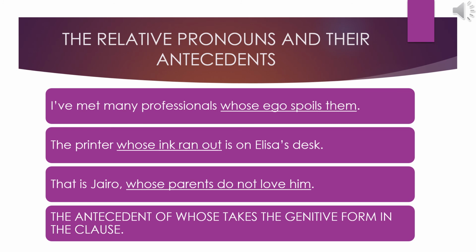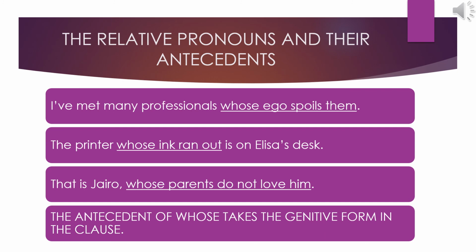Let's check out the next example. The printer whose ink ran out is on Elisa's desk. Now we are using as antecedent an inanimate object, right? So again, we are using whose, which implies that we are going to use the antecedent but in the genitive function.